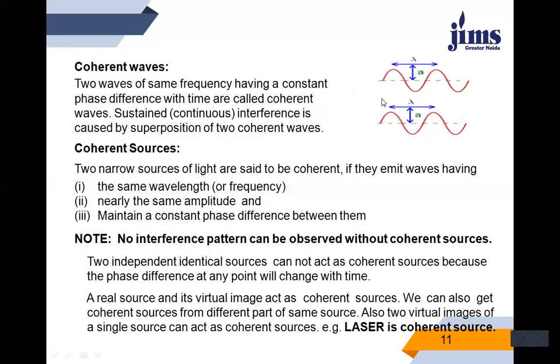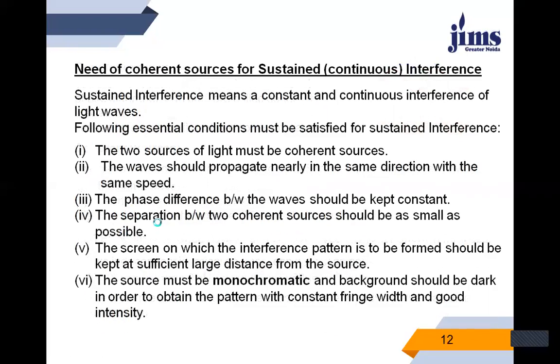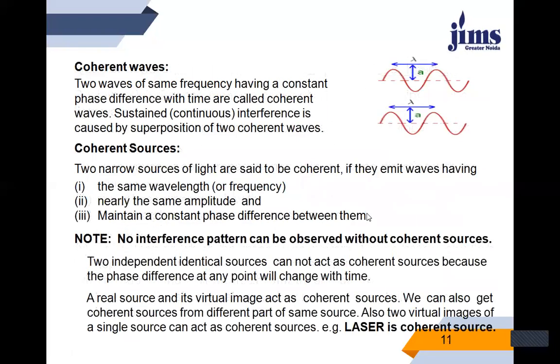So how can we produce these coherent waves? This can be produced by coherent sources. Coherent sources are two narrow sources of light that are said to be coherent if they emit waves having the same wavelength or same frequency, near the same amplitude, and maintain a constant phase difference between them.